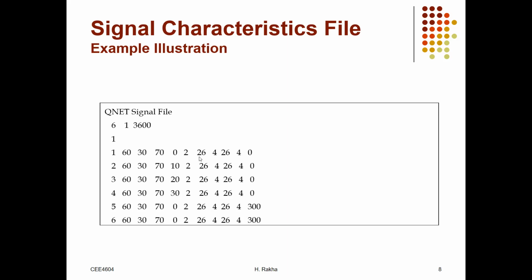So really, actually, this is the displayed green time, and the yellow plus all red time would be this 4 seconds, and then the displayed green time, and then the yellow and all red for the second phase.